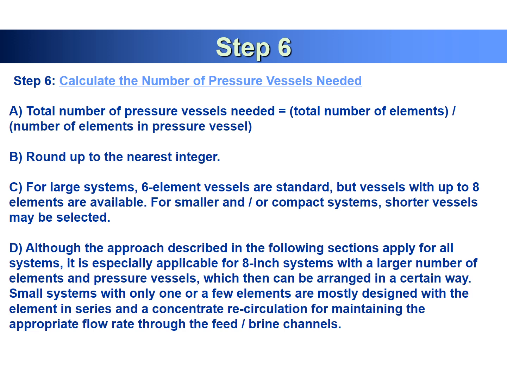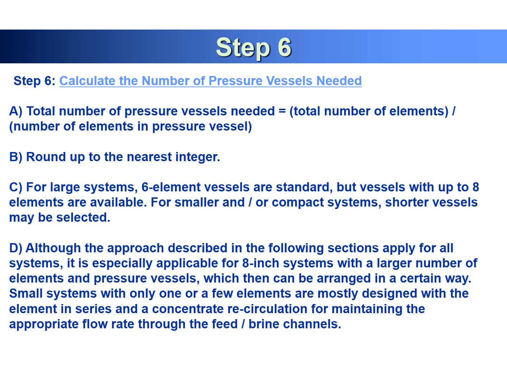Although the approach described in the following section applies for all systems, it is especially applicable for 8-inch systems with a large number of elements and pressure vessels, which then can be arranged in a certain way.